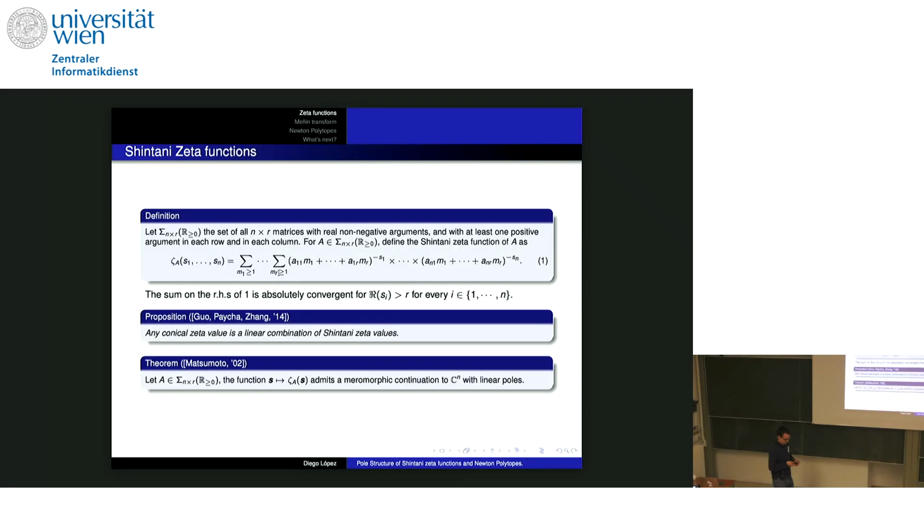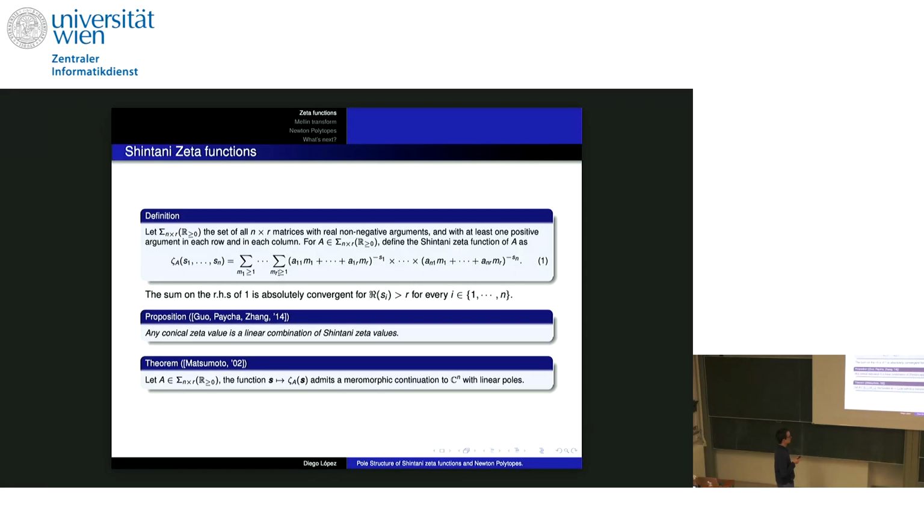Okay, but the Shintani zeta functions are a generalization of the three types of functions we saw on the last slide, and they're defined like this. Let's consider the set of all n times r matrices with real non-negative arguments, such that there is at least one positive argument on each row and one positive argument on each column. Then for a matrix A of that type, we can define the Shintani zeta function as expressed here.